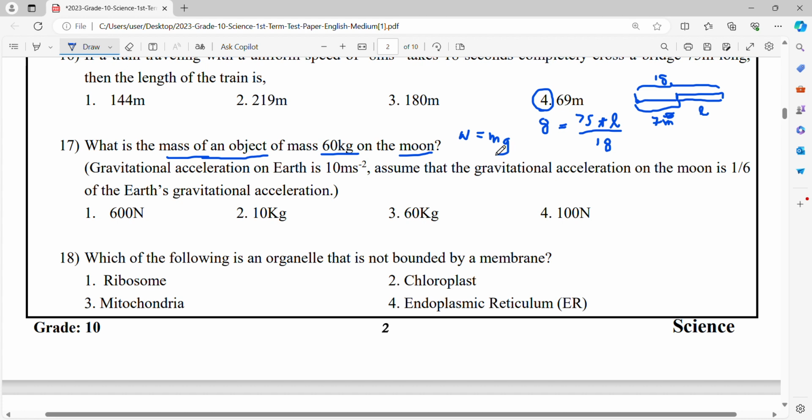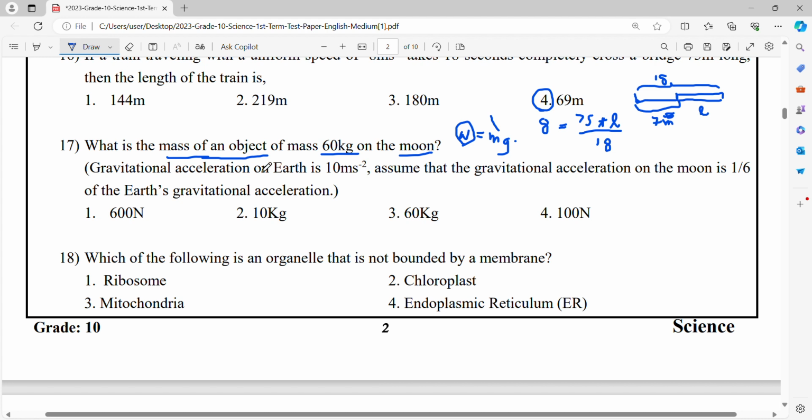If he is 60 kilograms on Earth, then on the moon he will also be 60 kilograms. His weight will change because of the gravitational force, but mass m will not change, because gravitational acceleration changes from place to place.